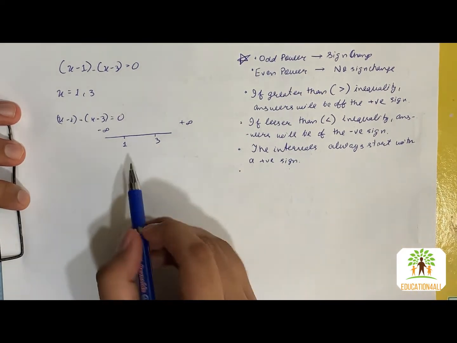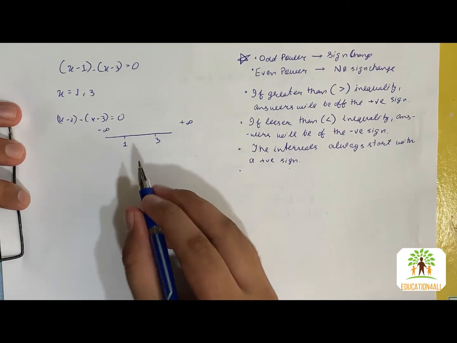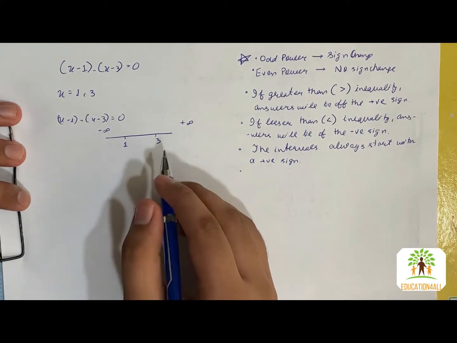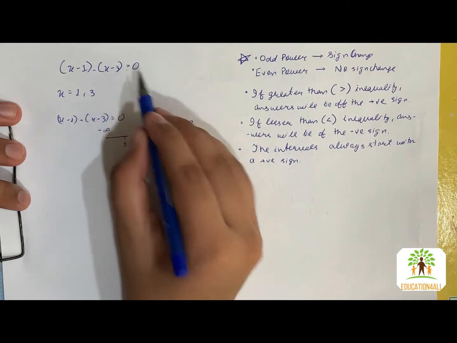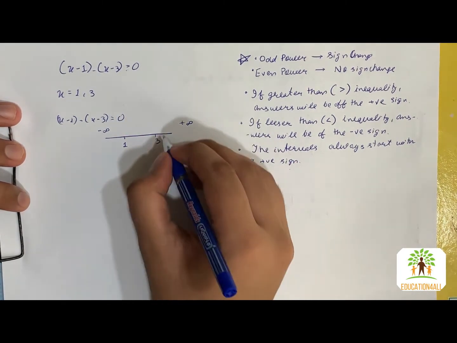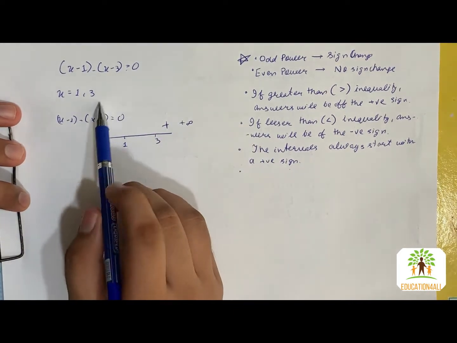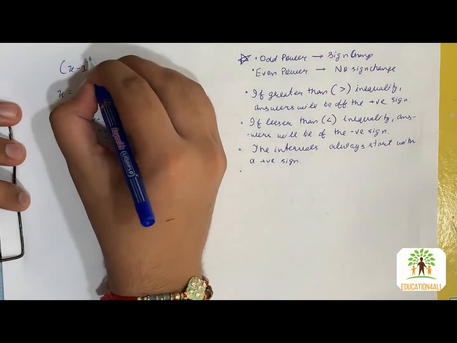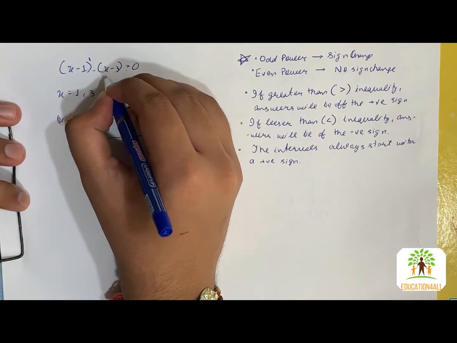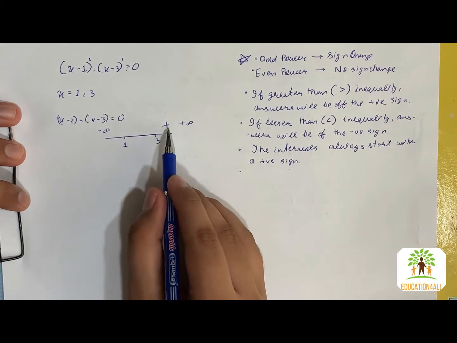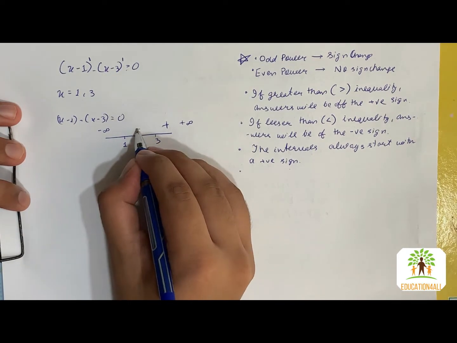So, coming back to this number line now, we have marked the two critical points 1 and 3. Now, we knew that there is a greater than sign here. So, first of all, we will start the intervals with a positive sign. Now, as you can see, there is an odd power, that is (x minus 1) power 1 into (x minus 3) power 1. So, the sign will change, that is, the positive sign will go to the negative sign.